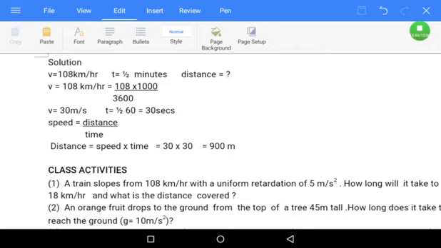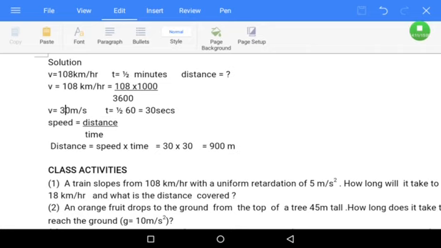So if you do that, what do we have? v is 108 kilometer. 1000 meters make 1 kilometer. So you multiply 108 by 1000 and over. Don't forget this per means over. Then time, 1 hour. 1 hour is 60 minutes, and 1 minute is 60 seconds. So you say 1 times 60 times 60. That will give us 3600 seconds.